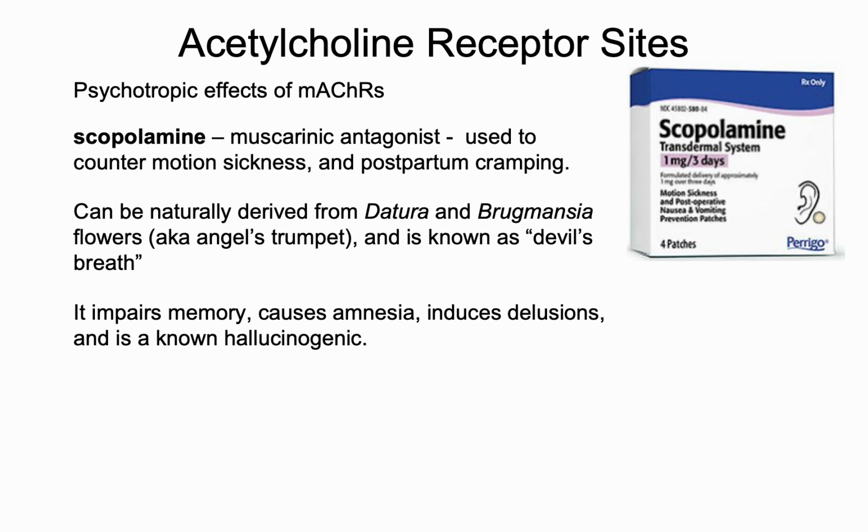Scopolamine is a muscarinic antagonist, and it's used to counter motion sickness and postpartum cramping. And this is a drug that you need a prescription for. It's not over the counter.